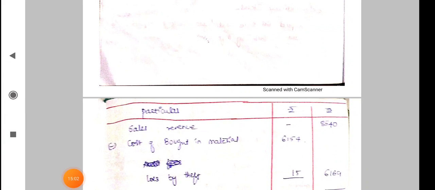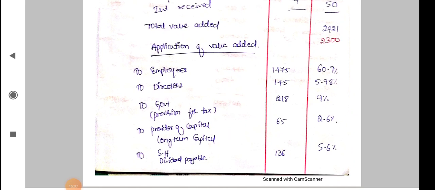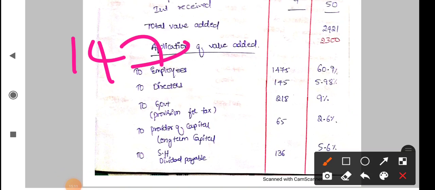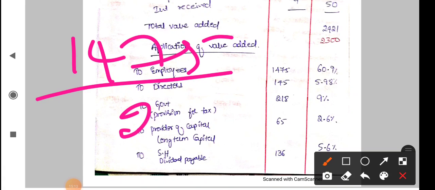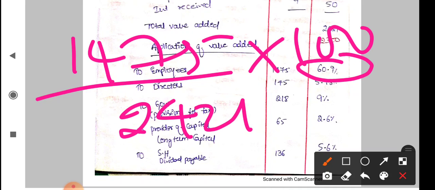And one more thing, we have to calculate the percentages. The way of calculating the percentages I have already told in the previous class. We just divide 1475 by the total, which is 2421, into 100. So we'll get 60.9 percent.